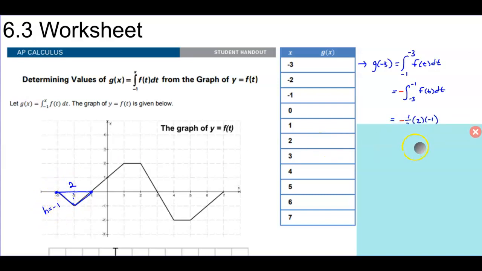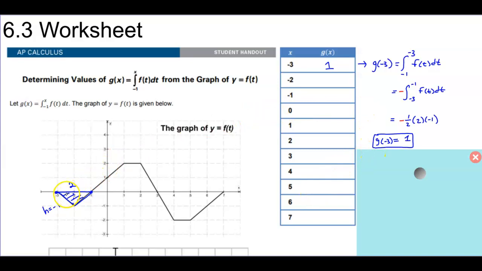So the area of that triangle is 1/2 times 2 times -1. And then keep in mind we are doing the opposite of that. When I calculate the value, the signed area underneath the curve from -3 to -1 has a value of +1.